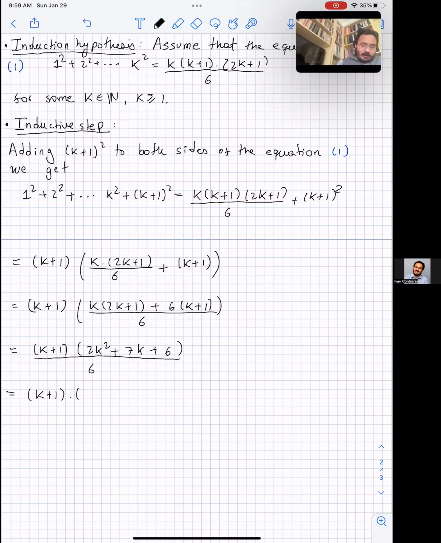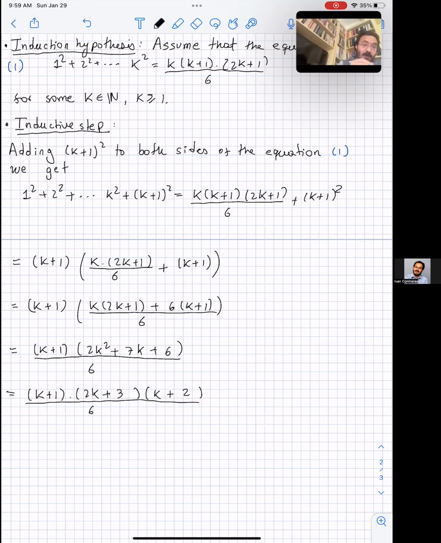I need to get a 6 in the final term of the polynomial, and there is a 2k, so that suggests there will be a 2k plus something times k plus something else. And then you realize that you get a k plus 2 and 2k plus 3 divided by 6.